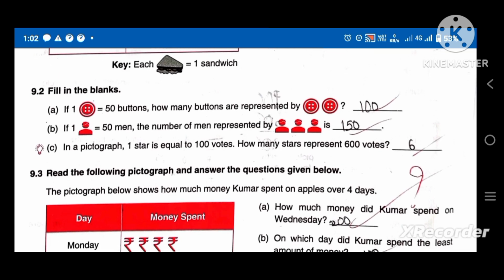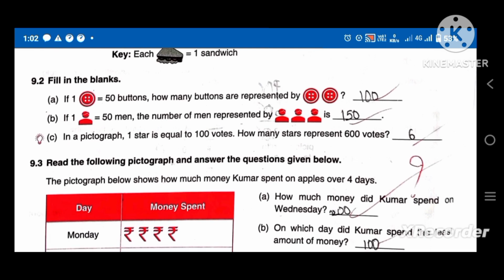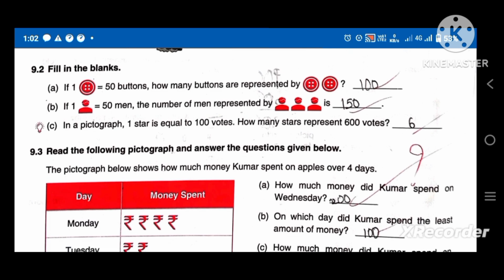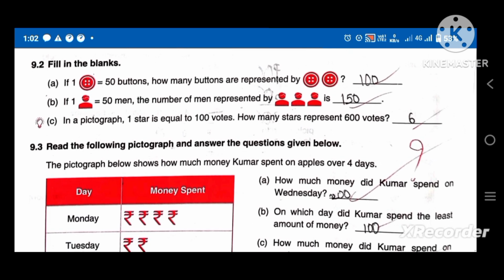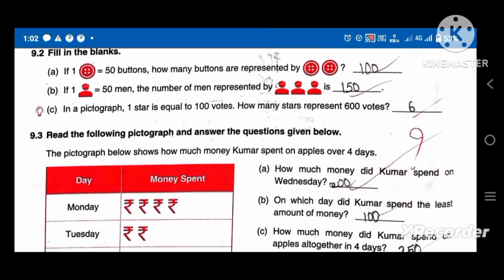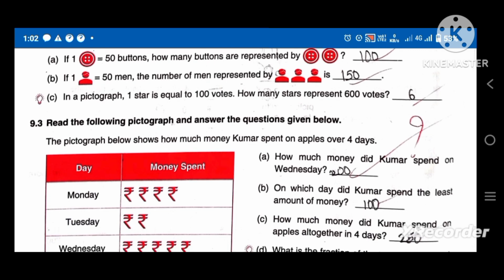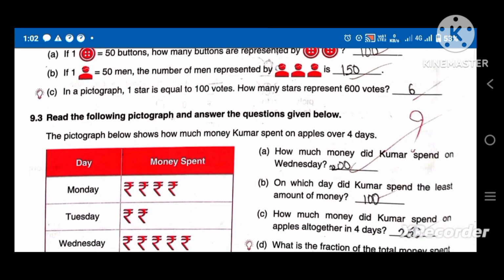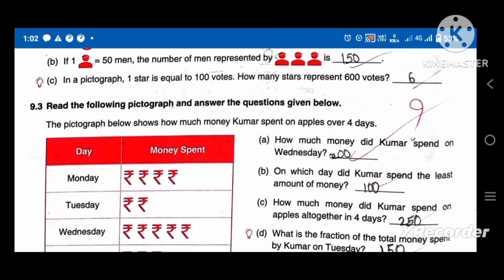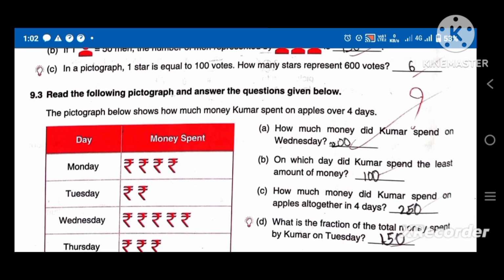B. If 1 man is equal to 50 men, the number of men represented by 3 men is 50 plus 50 plus 50, 150, or 50 into 3 is equal to 150. C. In a pictograph, 1 star is equal to 100 votes. How many stars represent 600 votes? 100 is 1 star, 600 is 6 stars.